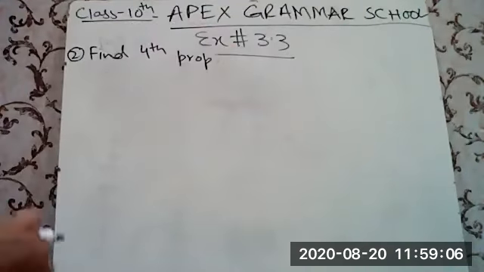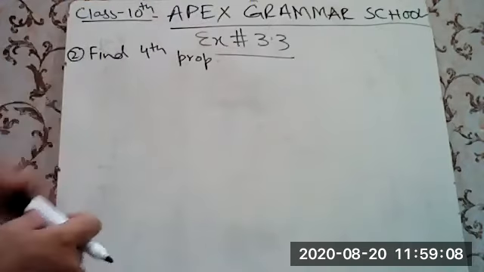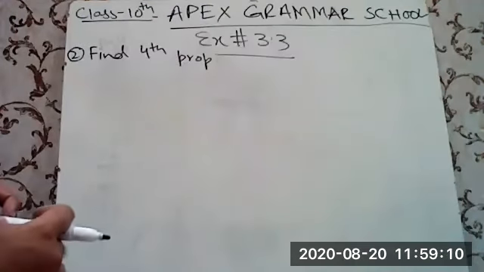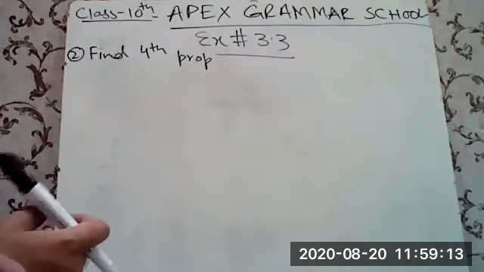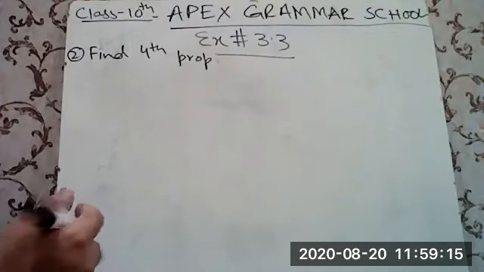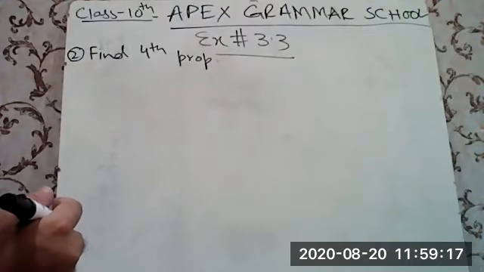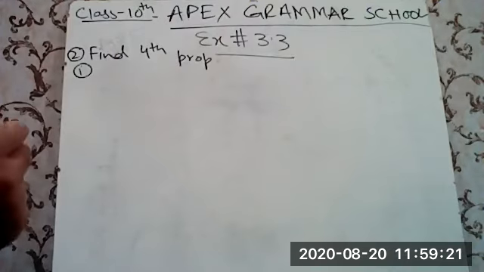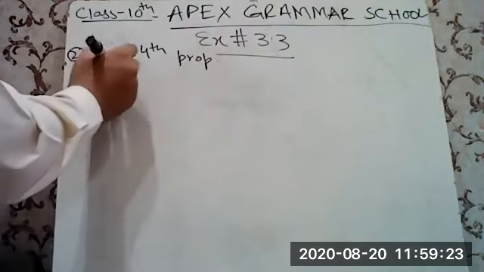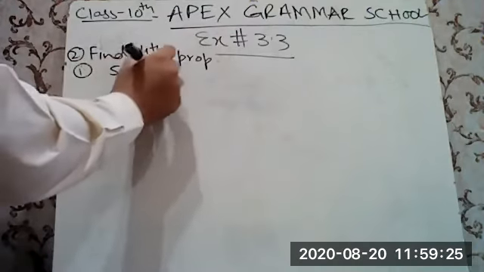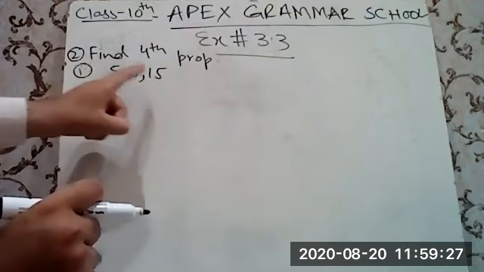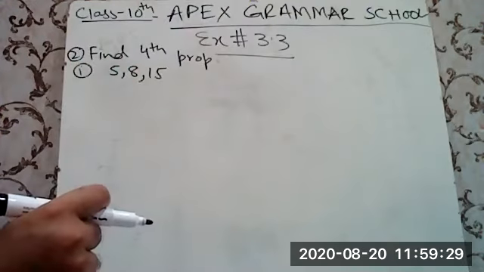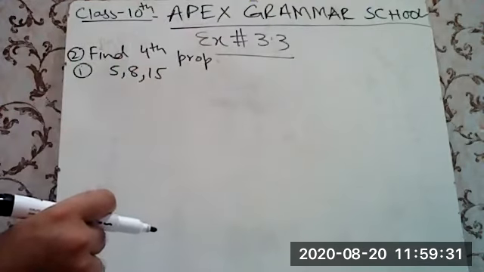Fourth proportional is a very simple thing: you have only three values, and you need to find the fourth one. For example, question number 2, part 1, that is 5, 8, and 15. First, second, and third values are given, and you need to find the fourth proportional.